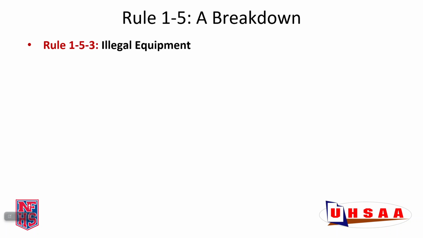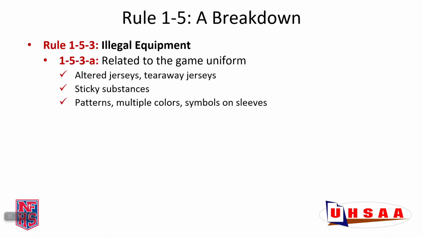The illegal equipment is covered in Rule 1.5.3. Now, there are several sections of this. The first relates to the game uniform. This includes altered jerseys. Those that have been stuck in place with duct tape are considered altered.